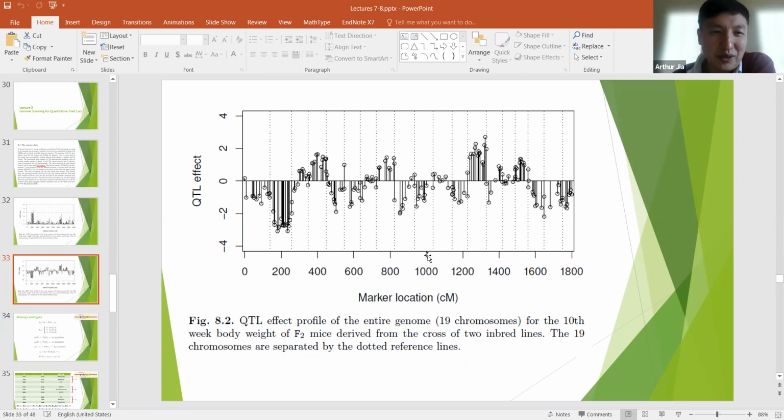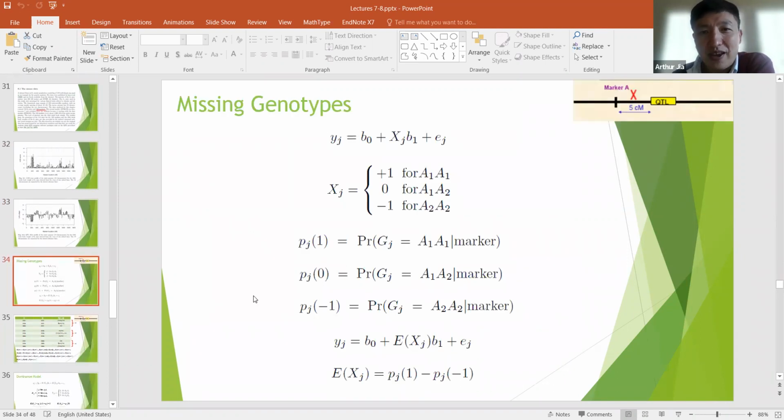You need to understand why that is. Given a marker, if the marker is very close to the QTL, then we can still estimate the possible genotypes for this QTL based on the marker genotype. And then we can still use this linear regression model to test the potential genetic effects for this QTL. That's the basic idea for the genome scanning.